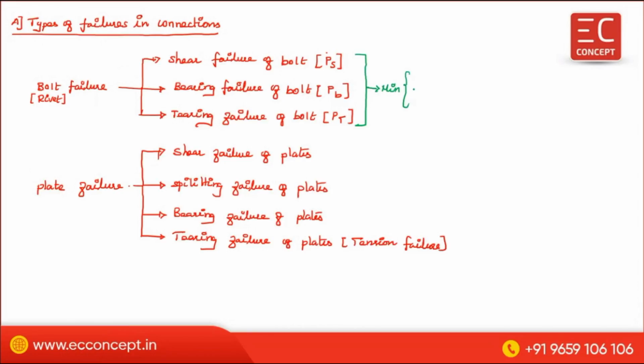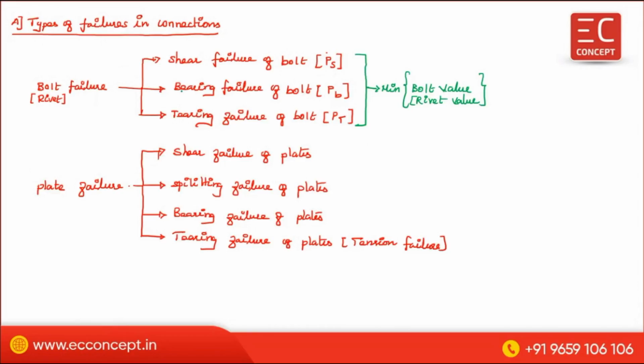Now the minimum of these three is the bolt value, or we can say rivet value. Minimum of these three we can call the bolt value.